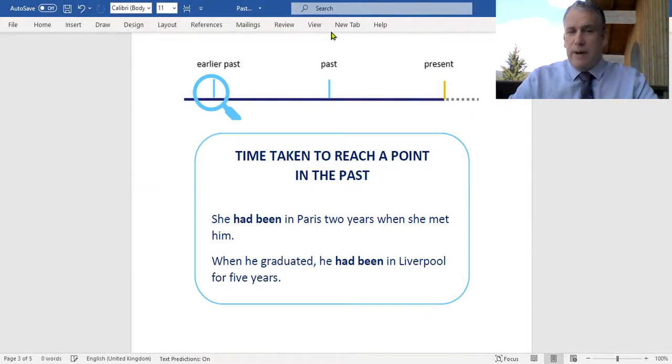She had been in Paris 2 years when she met him. Had been, that's the past perfect. Met is the past simple. So we know that being in Paris is the first event, or the first thing that happens in our timeline here. Paris. And then she meets him sometime later.